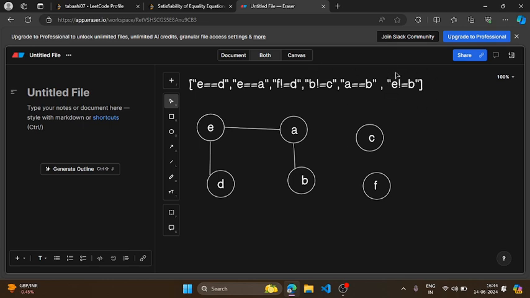Now when you come to this particular equation, it is saying e is not equal to b, right? So simply they mean you cannot reach node E with the help of node B. But here as we see, if I start from the node B, and once I reach A and then E, it is possible for me to reach E from B, right? Because from this path I can simply reach E node from B node, right?